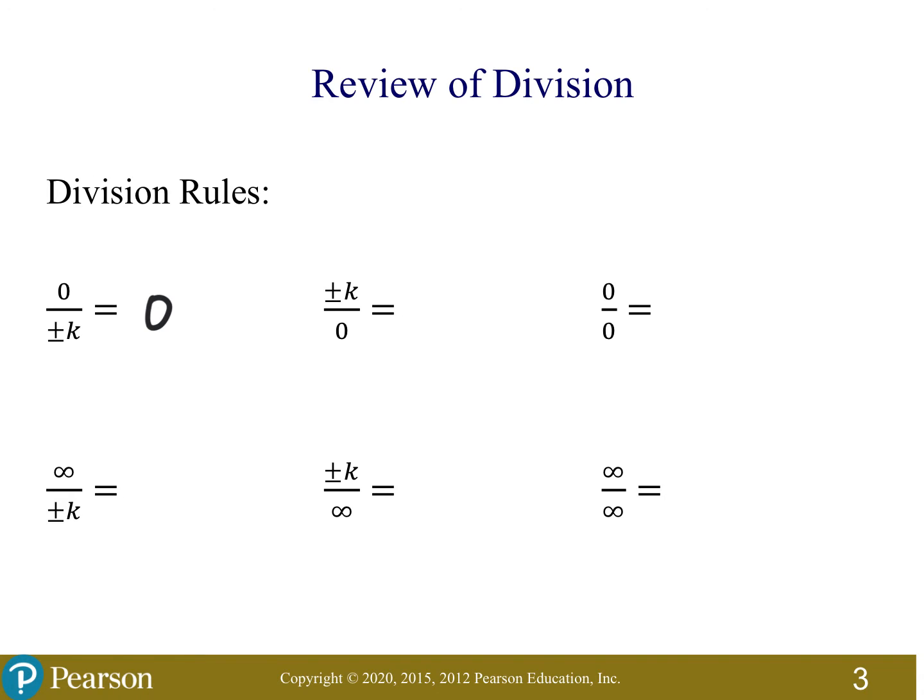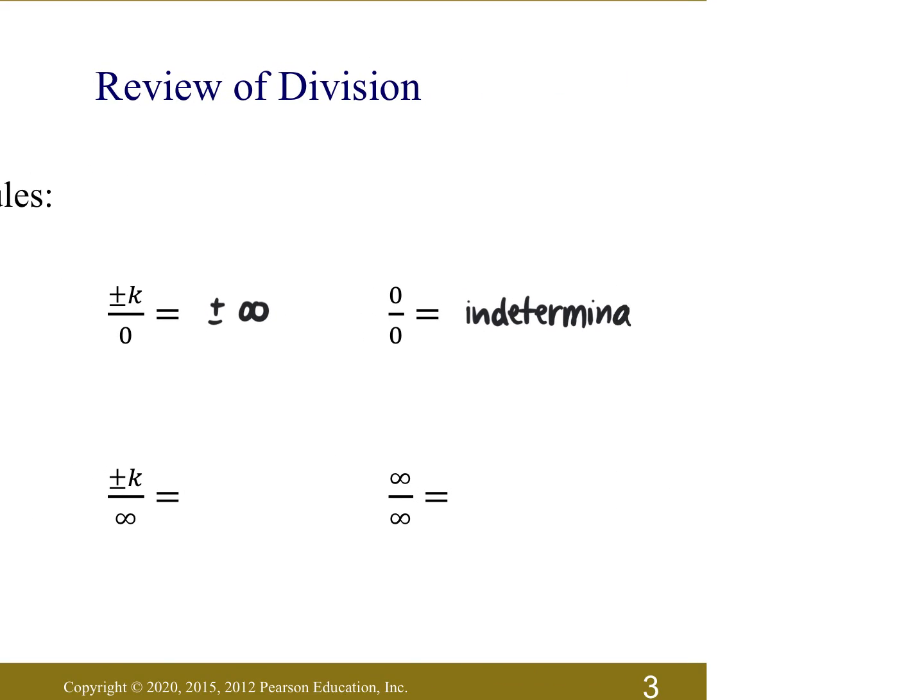Then what do you get? What kind of infinity? Plus or minus infinity. It's because infinity has two sides. It has a positive side and it has a negative side. So what if you take 0 and divide it by 0? That was the classic indeterminate form that we learned about in chapter 1.